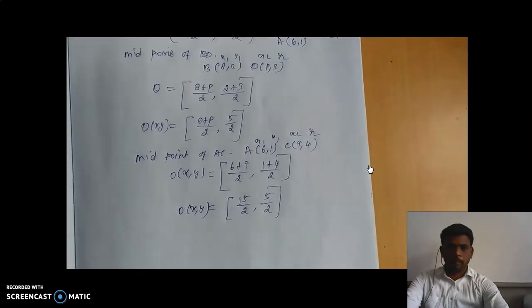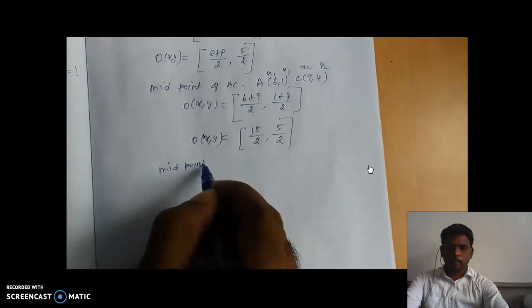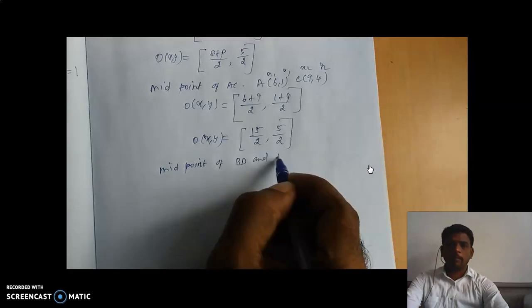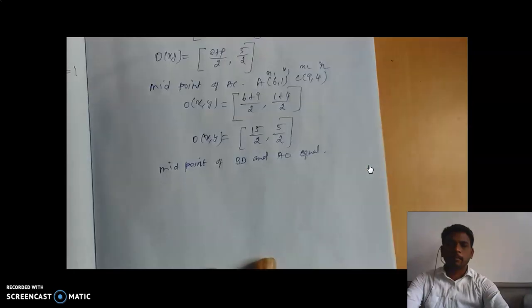Now both are same because of the parallelogram. So the midpoints of BD and AC are equal. Therefore these two midpoints are same.